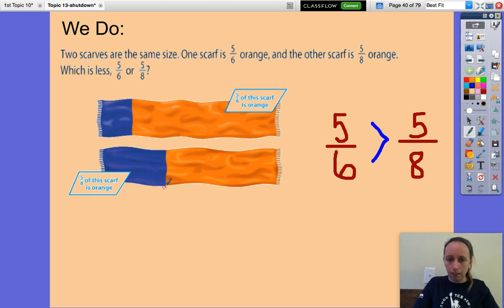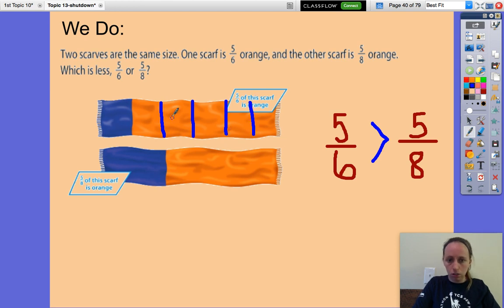Let's explain this. Okay, so this scarf was broken up into 6 equal pieces. They already divided it. They already have a picture, so let's add to this picture, right? That's half. 1, 2, 3, 4, 5, right?